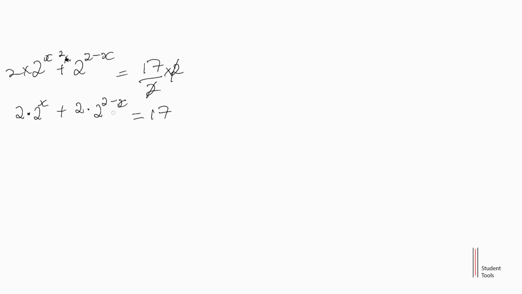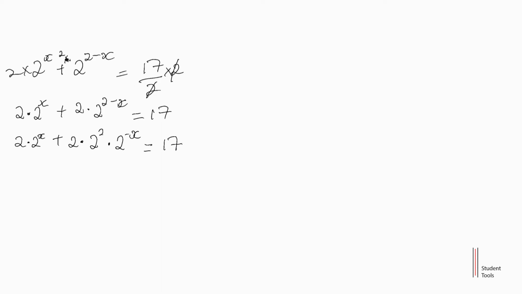Okay, now let us expand this. So this is 2 multiplied by 2 to the power x plus 2 multiplied by 2 to the power 2 multiplied by 2 to the power minus x, equal to 17.